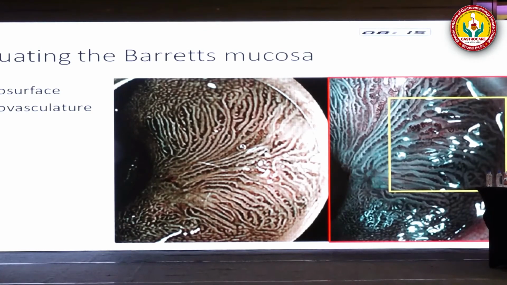So there is no doubt that if you use technology and magnification, you can pick up these lesions with far more confidence. And this is the early lesion that you would want to see and deal with, rather than allowing it to grow into a cancer over a period of time.